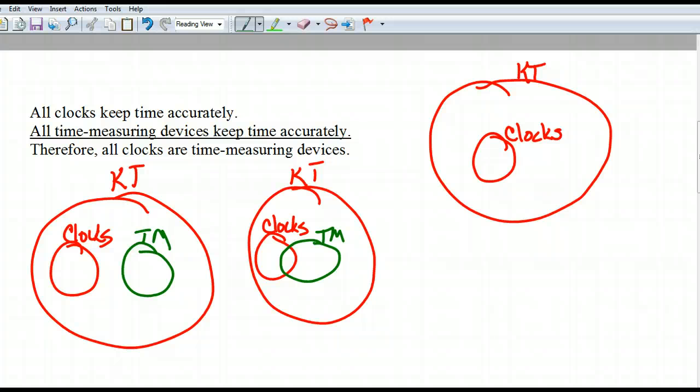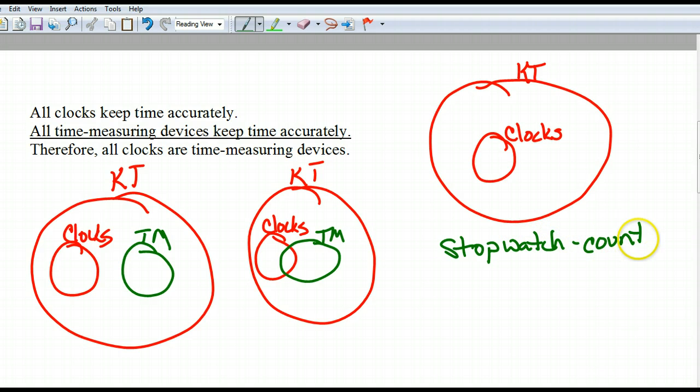Okay? But a stopwatch is a counterexample, and maybe the nicer ones have a clock on them, but I know the cheapo ones do not. Okay? So this could be an example of a stopwatch, or right here could be an example of a stopwatch.